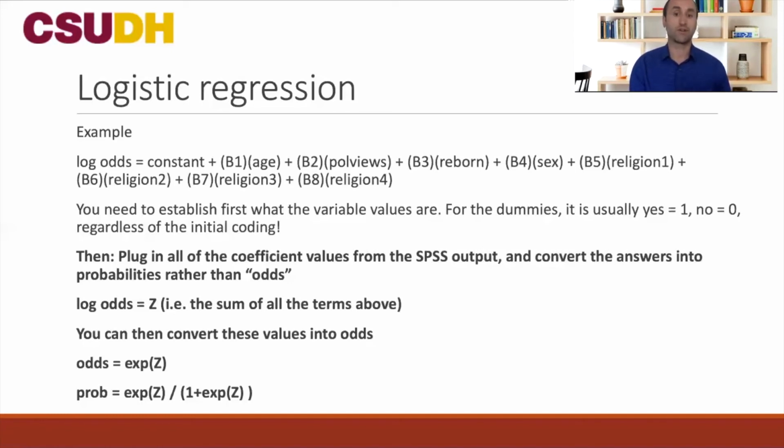So the exponent of log odds is just odds, and the exponent of Z is exponent of Z. Our probability is then the exponent of Z divided by 1 plus the exponent of Z. That's basically flipping around what we've done on the previous slide.